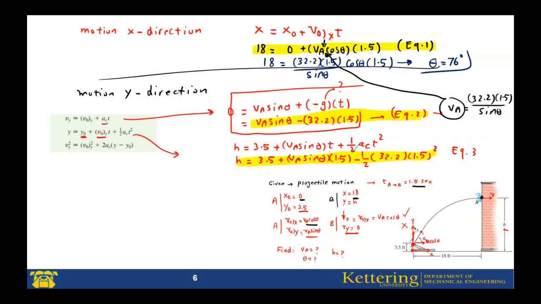If you do not believe me, you can calculate. Theta is 76 degrees. Now that I have theta, I can find Va. How? Just plug into this equation: 32.2 multiplied by 1.5 divided by sine 76. I can find Va.